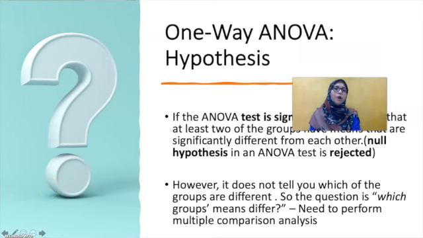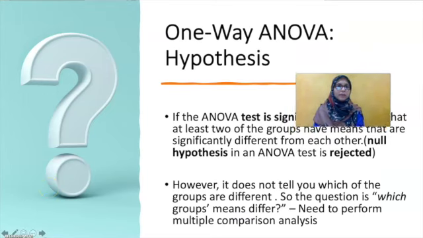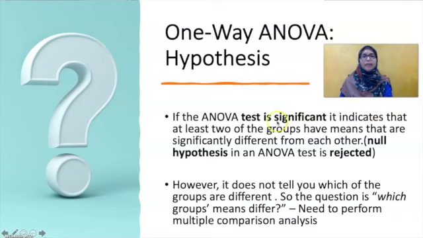Now, in the one-way ANOVA hypothesis, if the ANOVA test is significant, it indicates that at least 2 of the groups have means that are significantly different from each other. You must remember, in one-way ANOVA, your independent variable has 3 or more levels. For example, for mathematics method, you have 3 types of mathematics method.